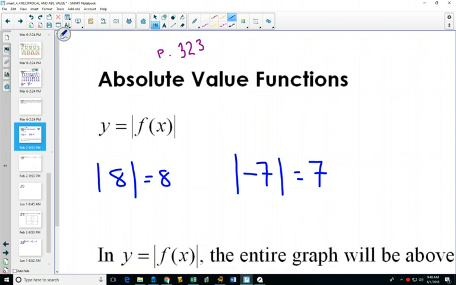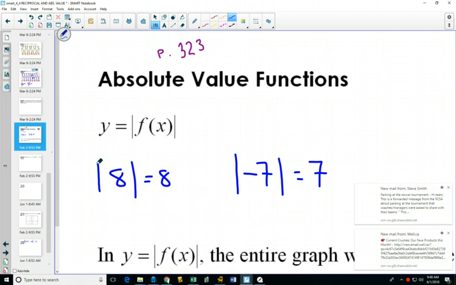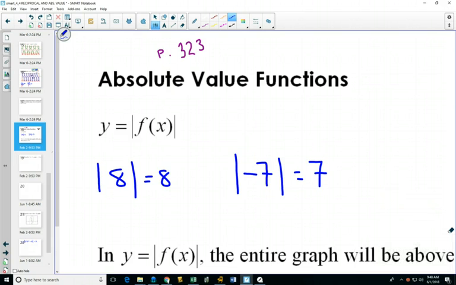And it's really asking, how far away is 8 from 0? Oh, it's 8 units away. But when we get to negative 7, how far is negative 7 away from 0? It's 7 units away. But mathematically, over time, we just get used to the idea that a negative value in the absolute value just becomes positive.